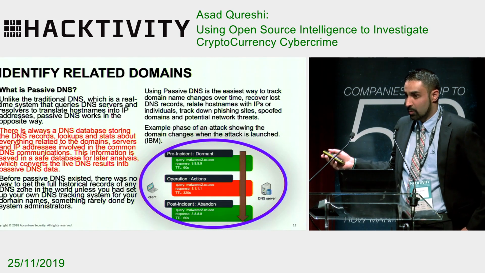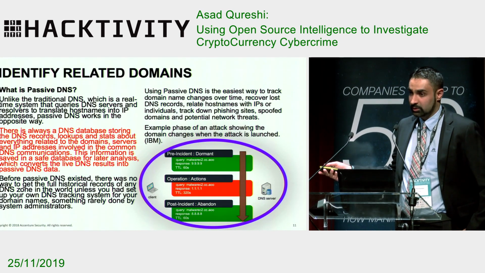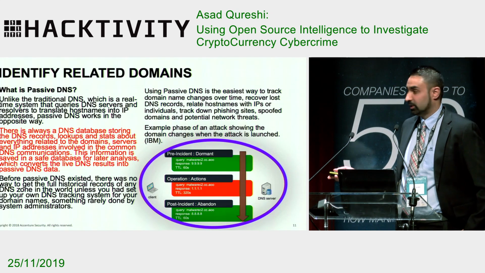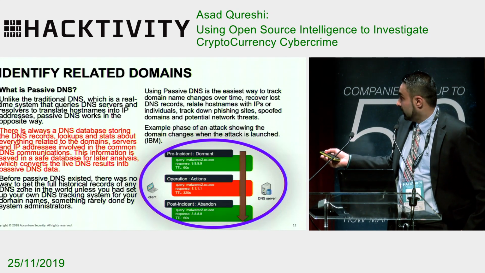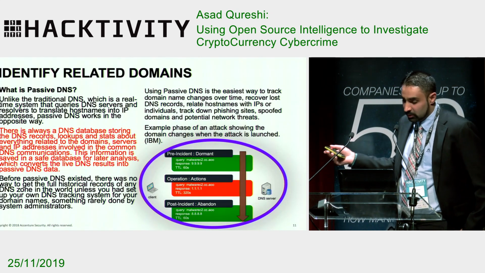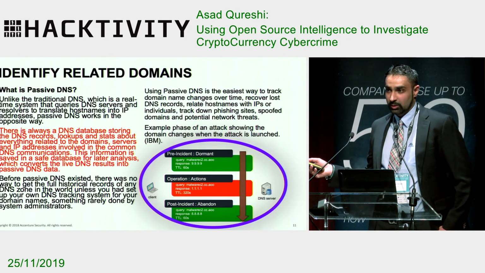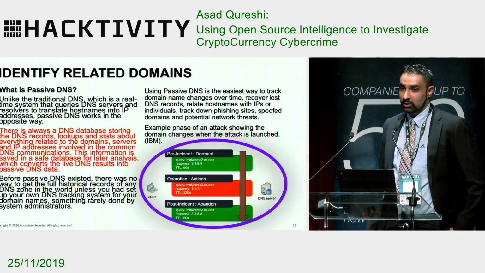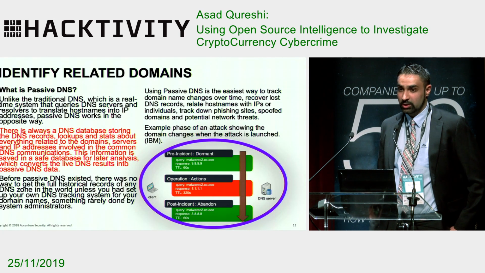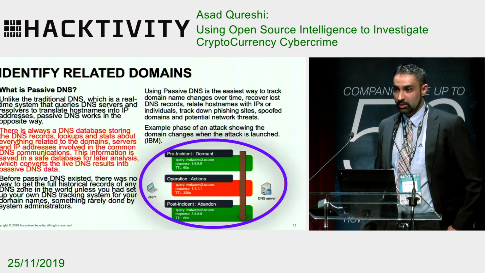So they try to temporarily use a specific DNS name, then they will change back. But when we have this passive DNS database, we can go back and look at which malware was actually using that domain back in time.